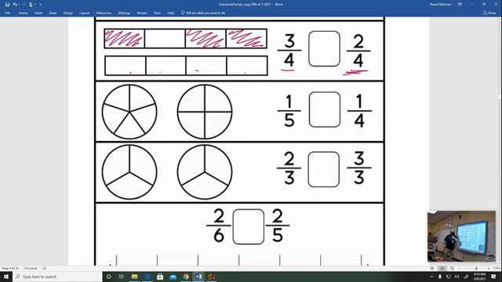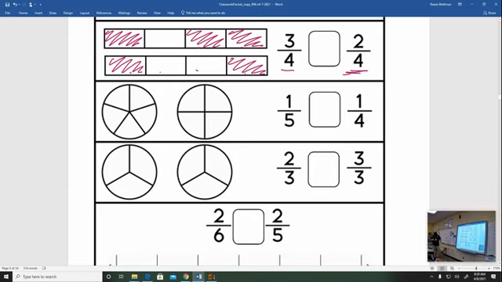Now, how many parts do I shade in for the second one? 2. 2 of them. And it doesn't matter if I do it like this, does it? No. Now, it might make it look a little more confusing, but now you're just looking for quantity. How many of them there are, right?